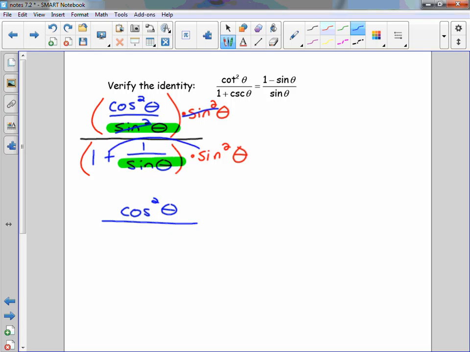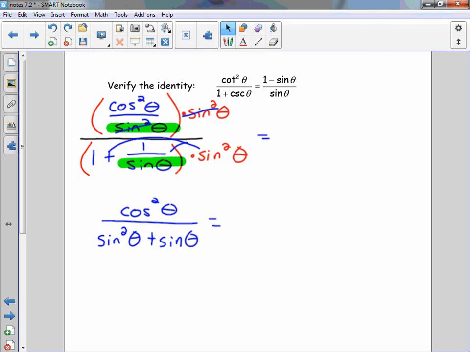So we've got to distribute it through here and then here. So that'll become sine squared theta. And then 1 over sine times sine squared will be plus sine theta. Okay, any questions so far?